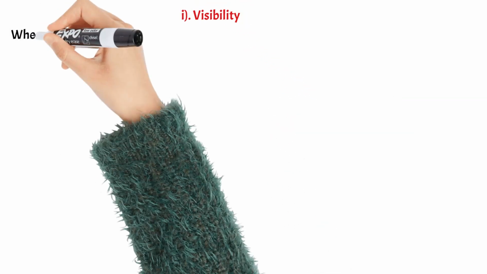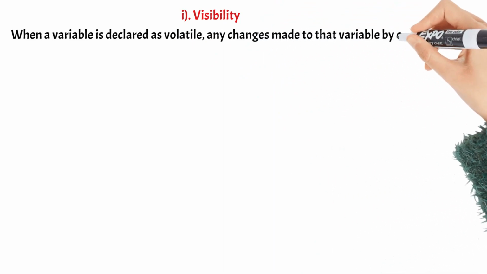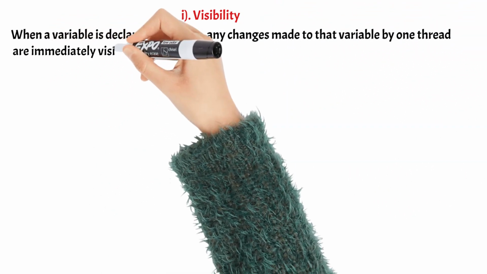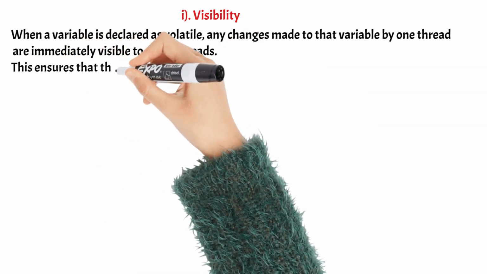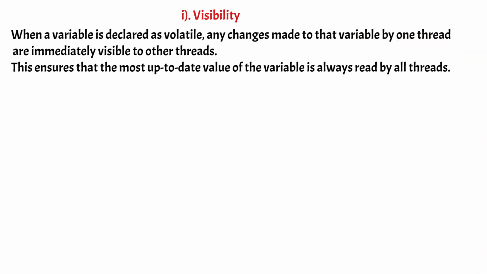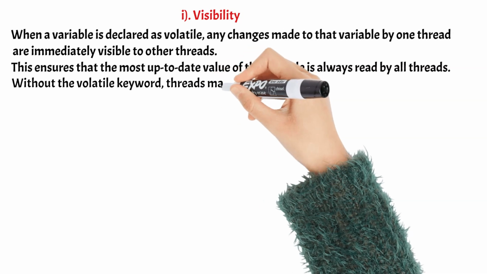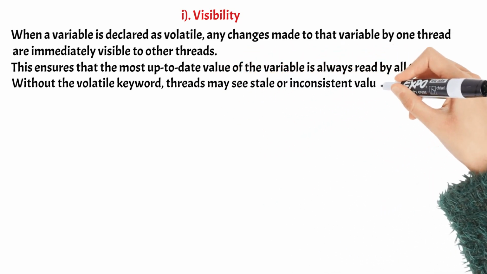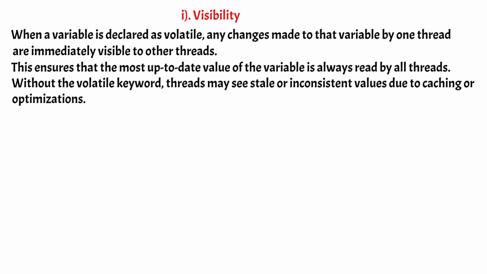Visibility. When a variable is declared as volatile, any changes made to that variable by one thread are immediately visible to other threads. This ensures that the most up-to-date value of the variable is always read by all threads. Without the volatile keyword, threads may see stale or inconsistent values due to caching or optimizations.